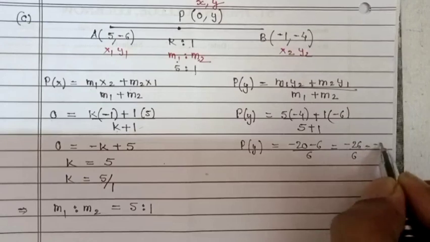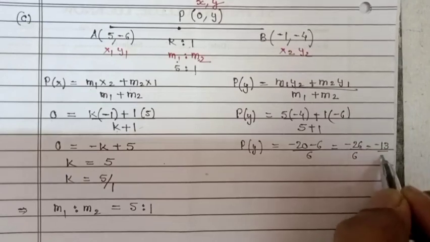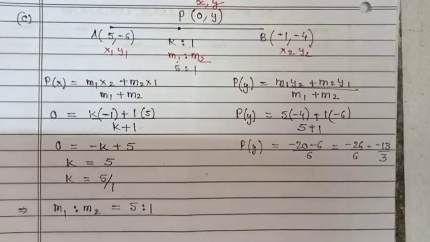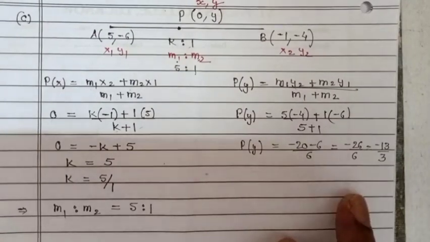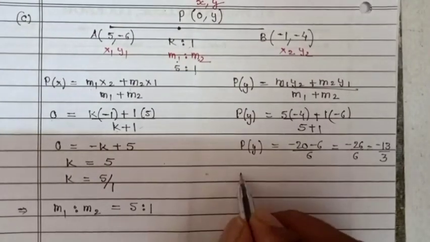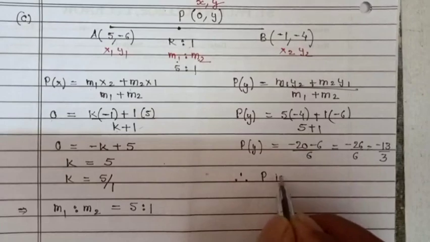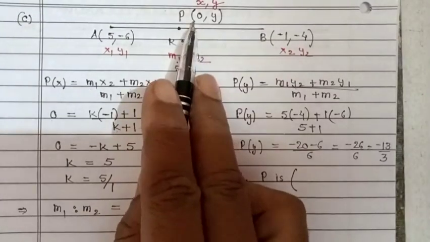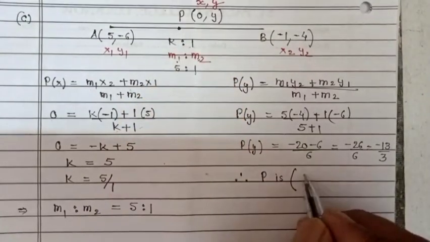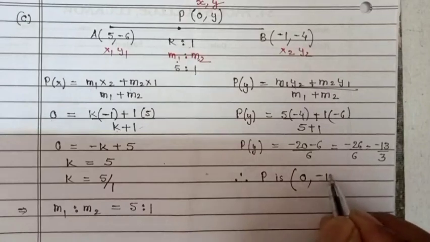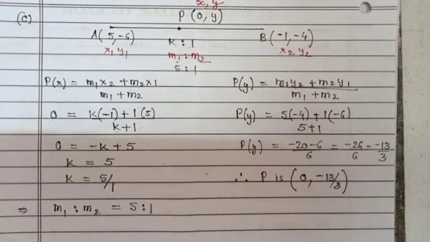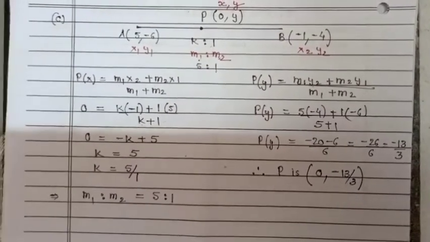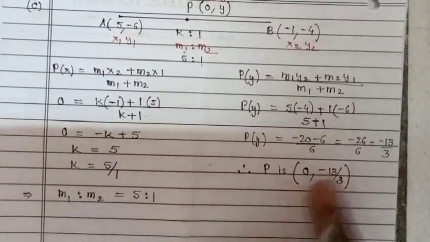On reducing it, it's minus 13 upon 3. So that is the y coordinate for point P. So therefore point P is, see, point P was considered as 0 comma y, so it will be 0 comma minus 13 upon 3. See, finally you have to write point P in the coordinate form.